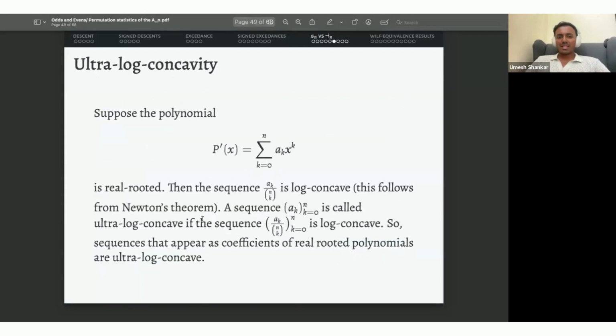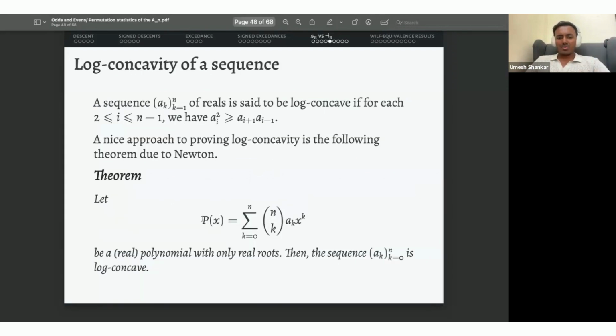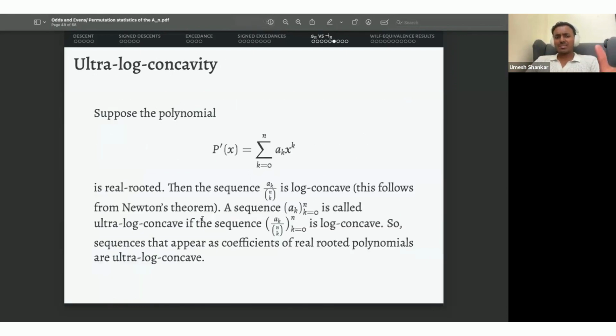But there is this additional n choose k term over here. This is something called ultra log-concavity. A sequence is called ultra log-concave if the sequence ak by n choose k is log-concave. So sequences that appear as coefficients of real rooted polynomials are ultra log-concave by Newton's theorem.